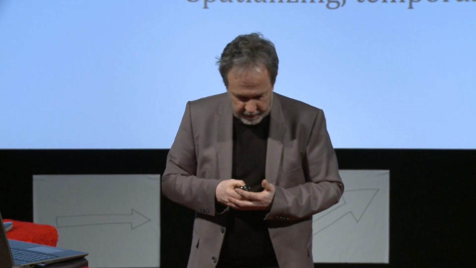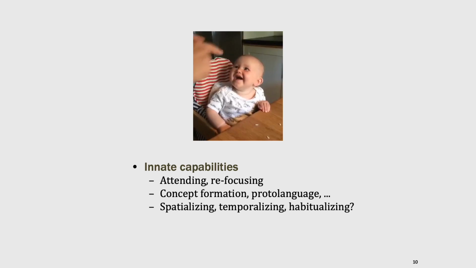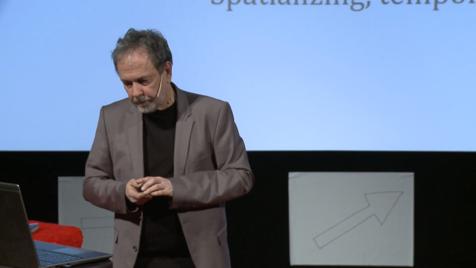What you have here is a human being that has some innate capabilities like attending, some focus, and refocusing that focus to another thing. She also has some kind of concept formulation because she actually knows what a lamp is, but she cannot yet talk about that.